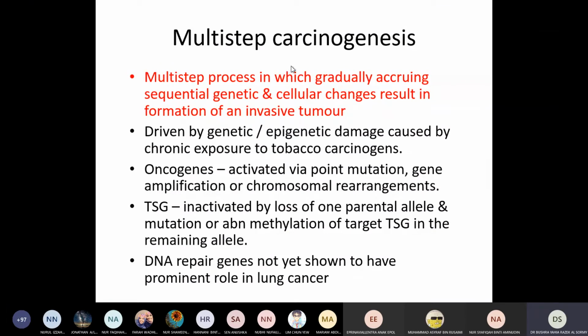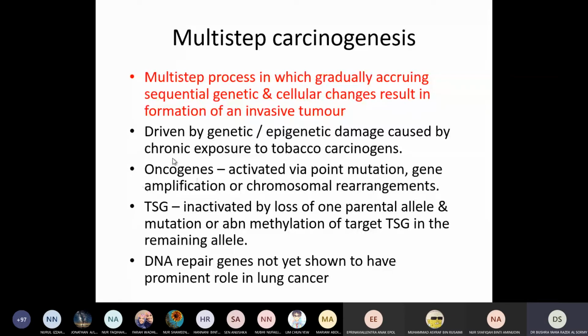Before we go to the morphology of lung cancer, we need to review multi-step carcinogenesis. Remember in GPAT, 4 genes, isn't it? The multi-step process occurs as a sequence of genetic and cellular changes that result in formation of an invasive tumor.